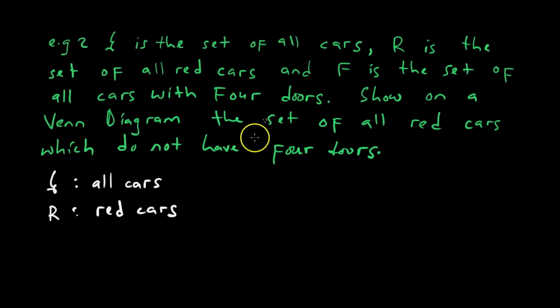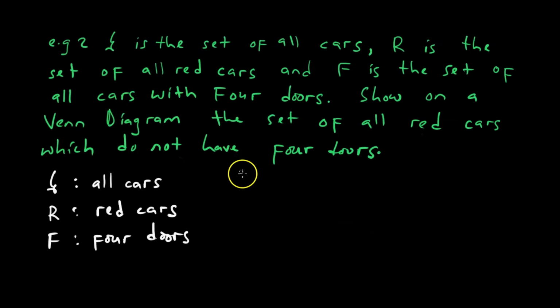And F is the set of all cars with 4 doors. So on F we can write 4 doors, like this. Then it says, show on a Venn diagram the set of all red cars which do not have 4 doors.